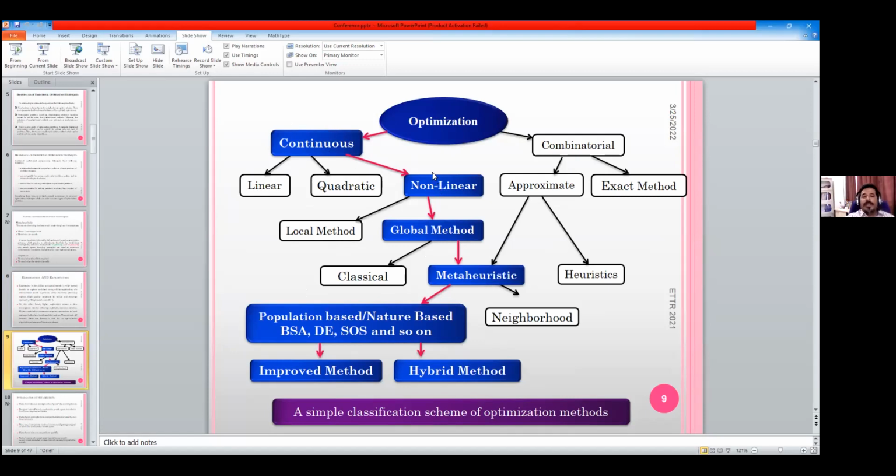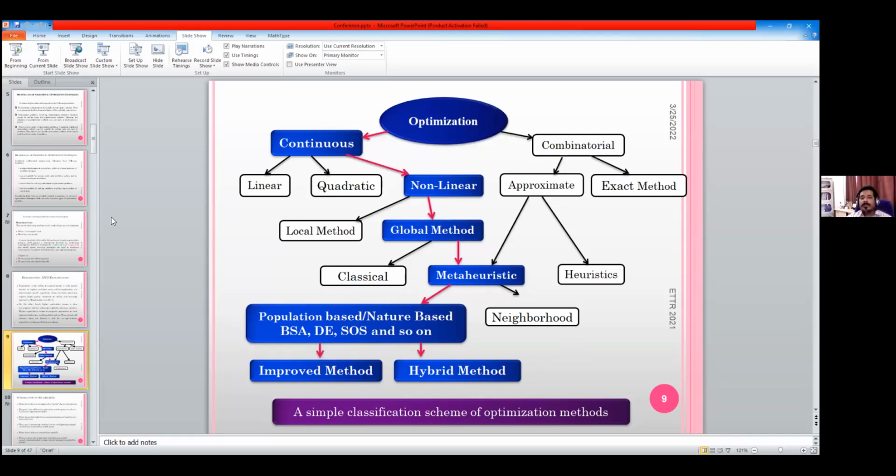In non-linear, there are some global methods or local methods. We will go for global methods. Then it is called metaheuristic or population based, nature inspired, some improved. Now people are working on three fronts. One is giving some new algorithm, they are improving the existing algorithm, they are hybridizing two or more algorithms.